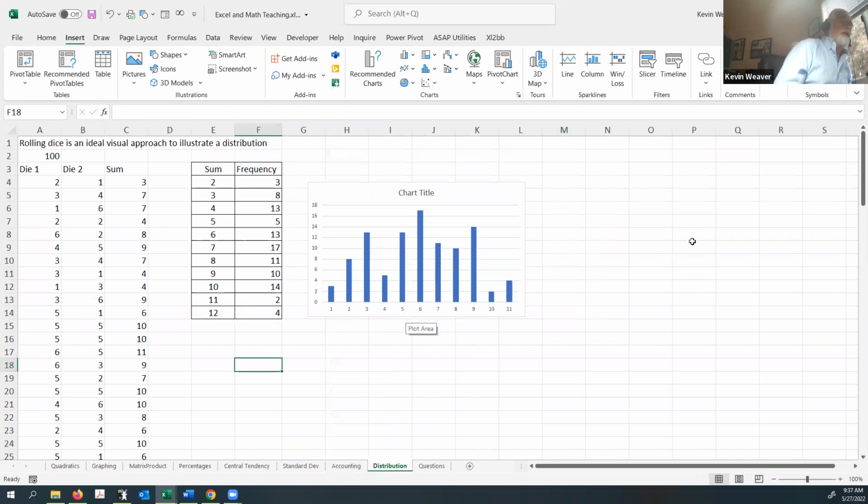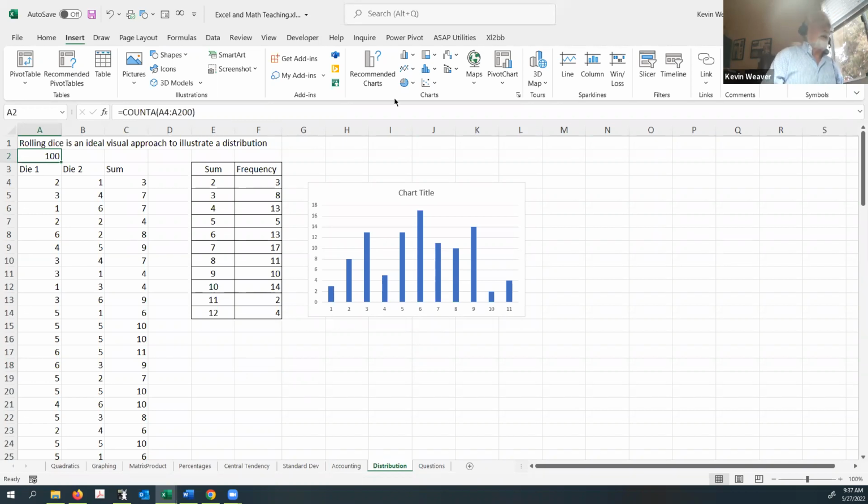This is a fun example because we can look at the frequency distribution to see whether or not it skews left or skews right or looks more like a normal distribution. So what I've decided to do is to roll a pair of dice 100 times.